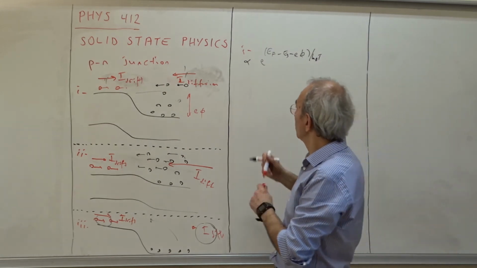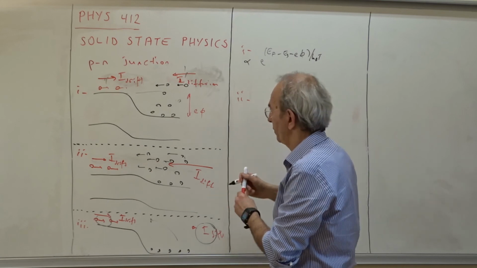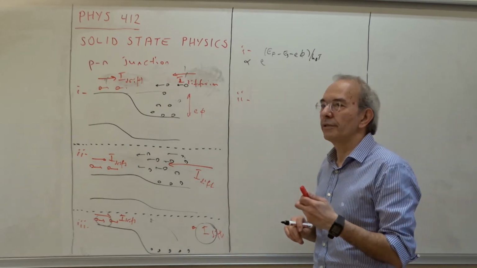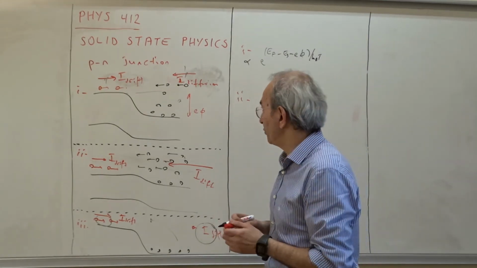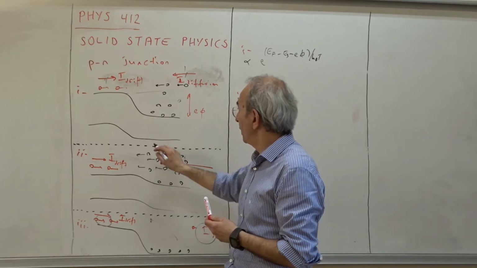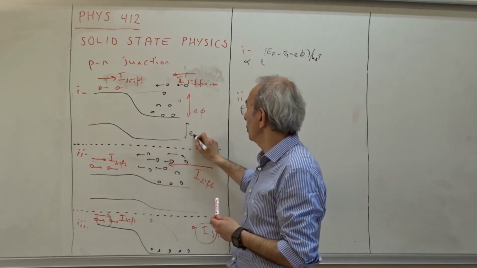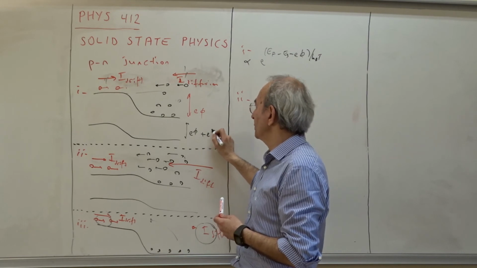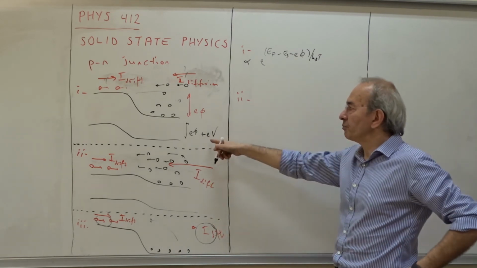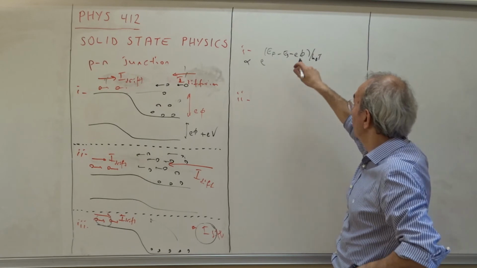But in case 2, we have an additional external battery. So this part, remember, corresponds to E phi plus EV. So this plus means it's a negative term here.